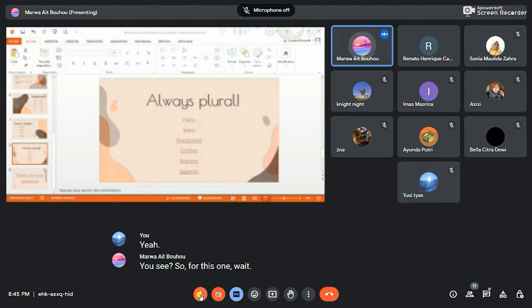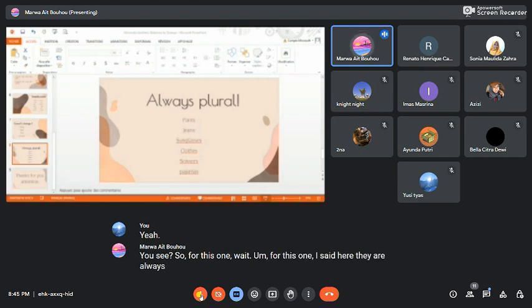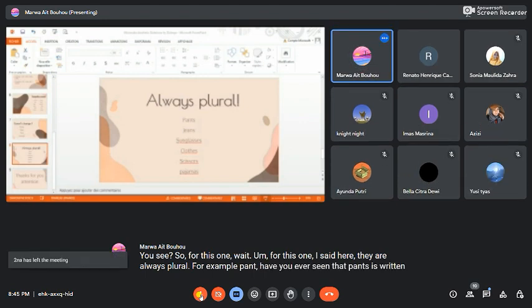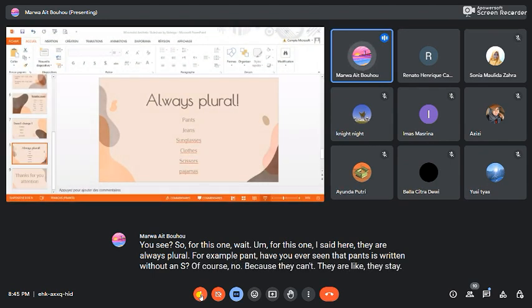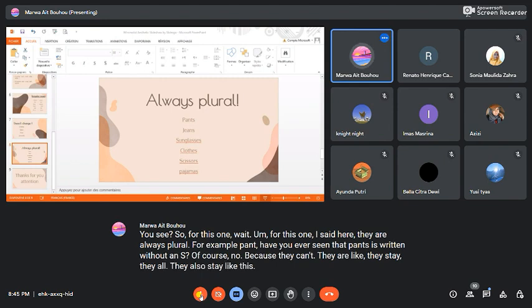So for this one, I said here they are always plural. For example, pants. Have you ever seen pants written without an s? Of course not, because they can't be. They also stay like this. You can't pluralize them or singularize them.